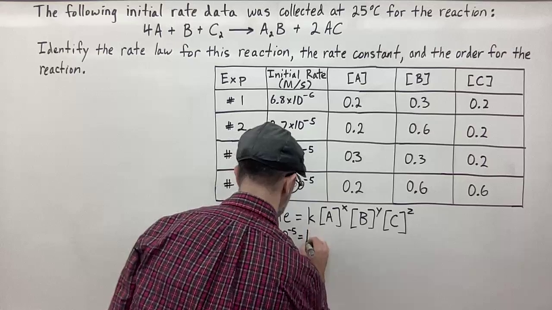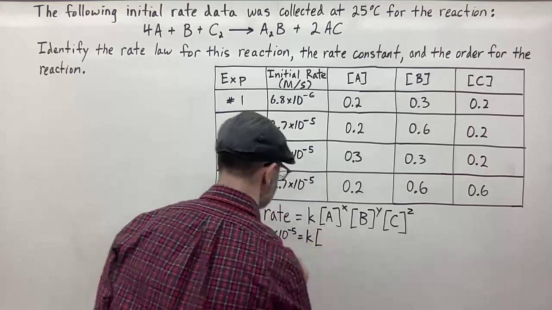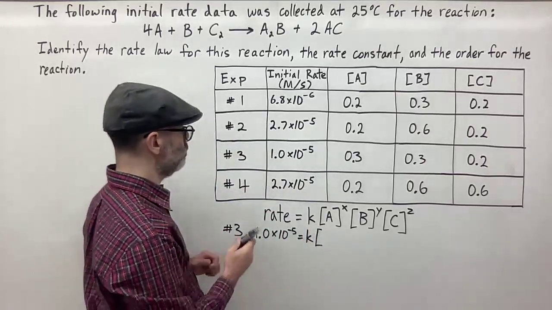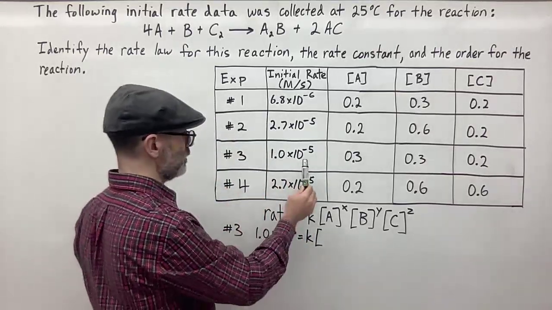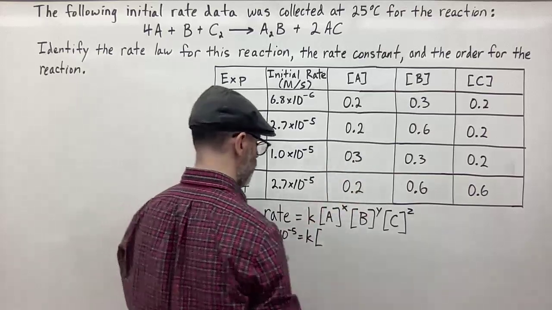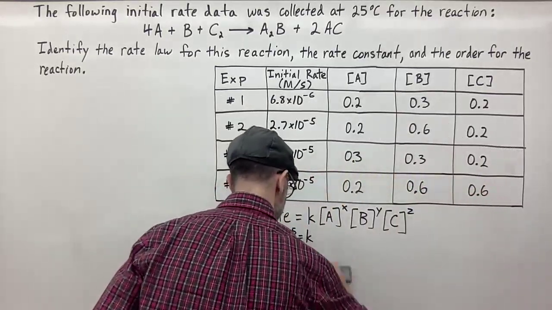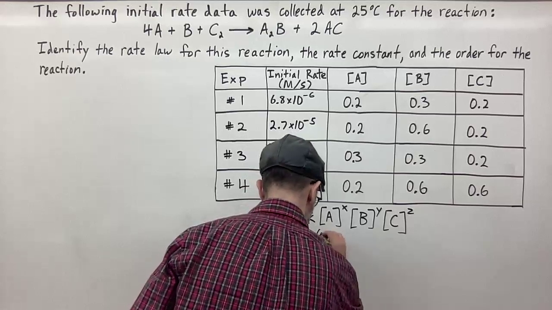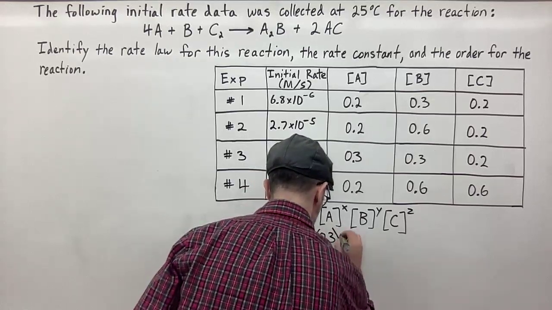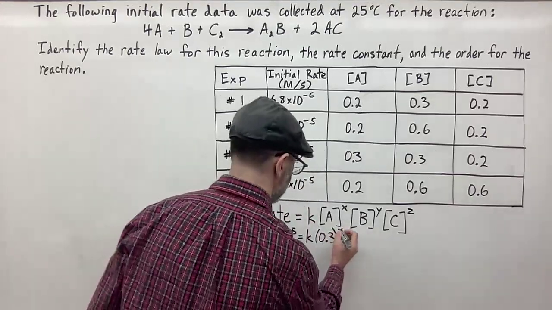That's going to be equal to K times A. So for A, it's going to be 0.3. So we'll just put 0.3 here. And we'll have X for the exponent.